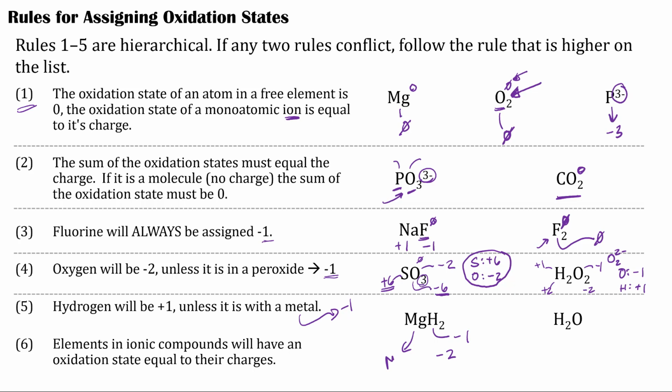And then magnesium is going to be +2. Here, oxygen is -2. So each one of these hydrogens would be +1. So notice when I give the oxidation numbers of the individual elements, I'm giving it of what each element would be, not what the sum of it is.